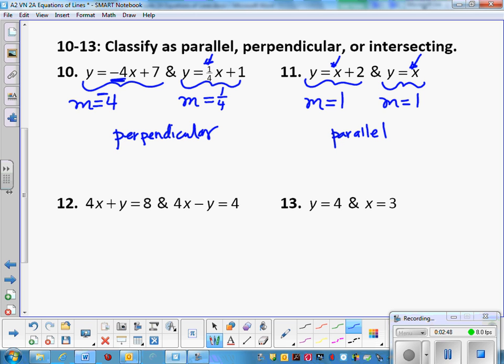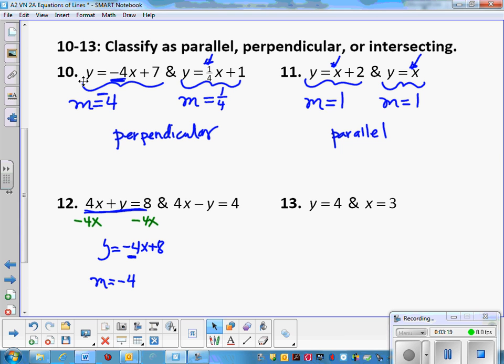Example 12. Now, this time, my equation, this first one, is not in slope-intercept form. So I'll need to rearrange it and subtract 4x from both sides. And that's going to leave me with y equals negative 4x plus 8. So now that it's in slope-intercept form, I can see my slope is negative 4. Again, my second one also is not in slope-intercept form.